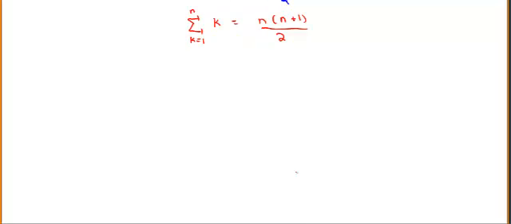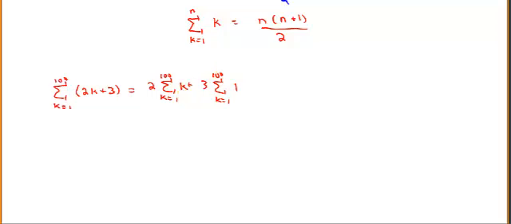Let's suppose that we want to evaluate the sum as k goes from 1 to 100 of 2k plus 3. Well, that would be, using our linear properties, 2 times the sum as k goes from 1 to 100 of k, plus, we could think of this as 3 times 1, so plus 3 times the sum as k goes from 1 to 100 of 1.